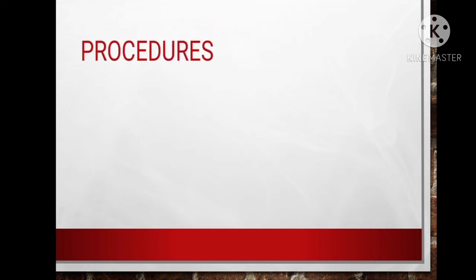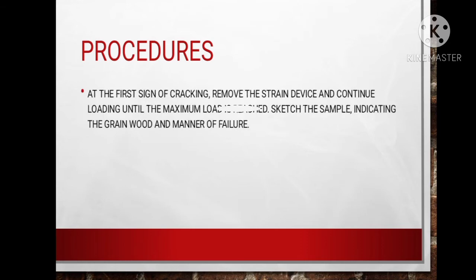And for the final procedures, at the first sign of cracking, remove the strain device and continue loading until the maximum load is reached. Sketch the sample indicating the grain of wood and manner of failures.